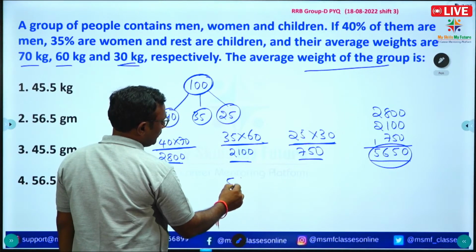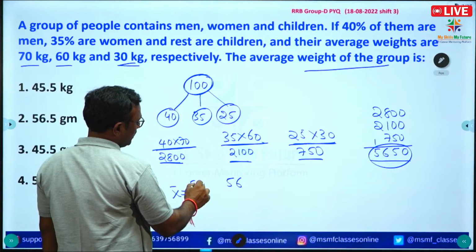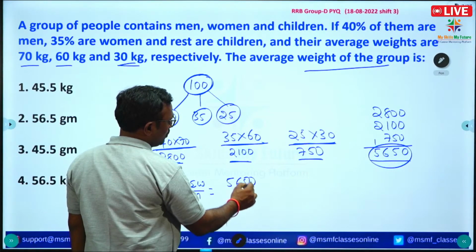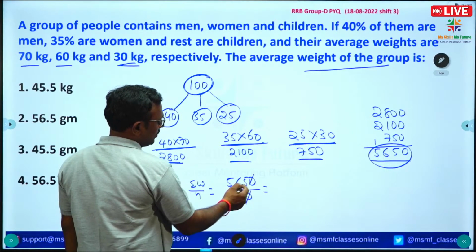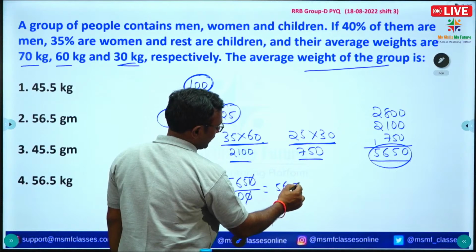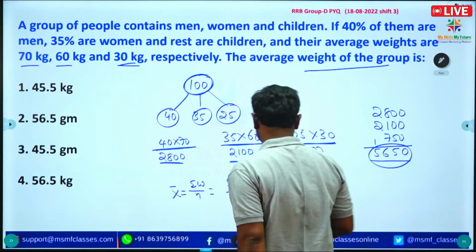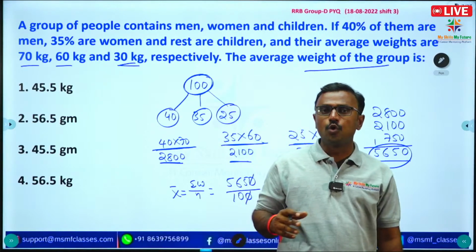So, average is x bar equal to total by number, 5650 by 100. The 0 cancels, so simply write 56.5. 56.5 kg is the average weight of the group.